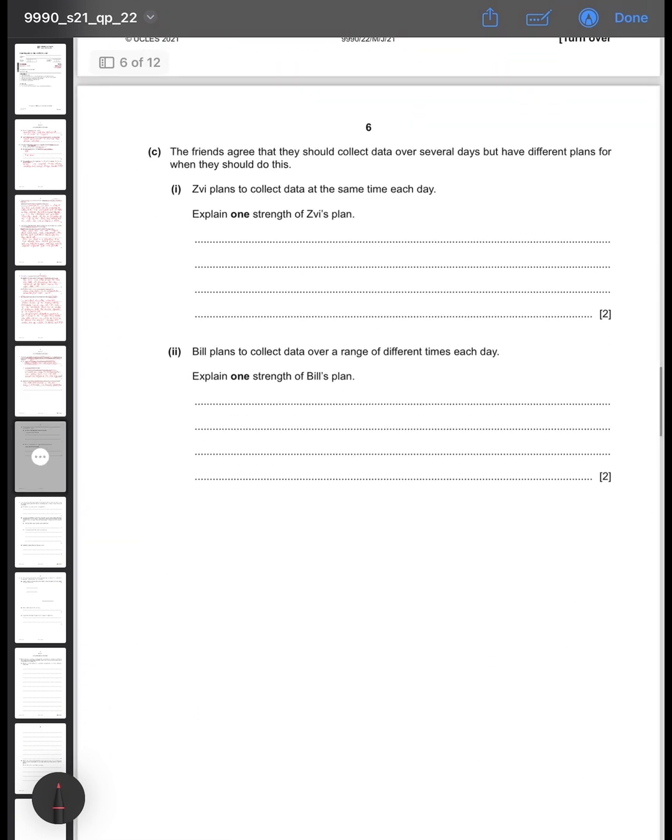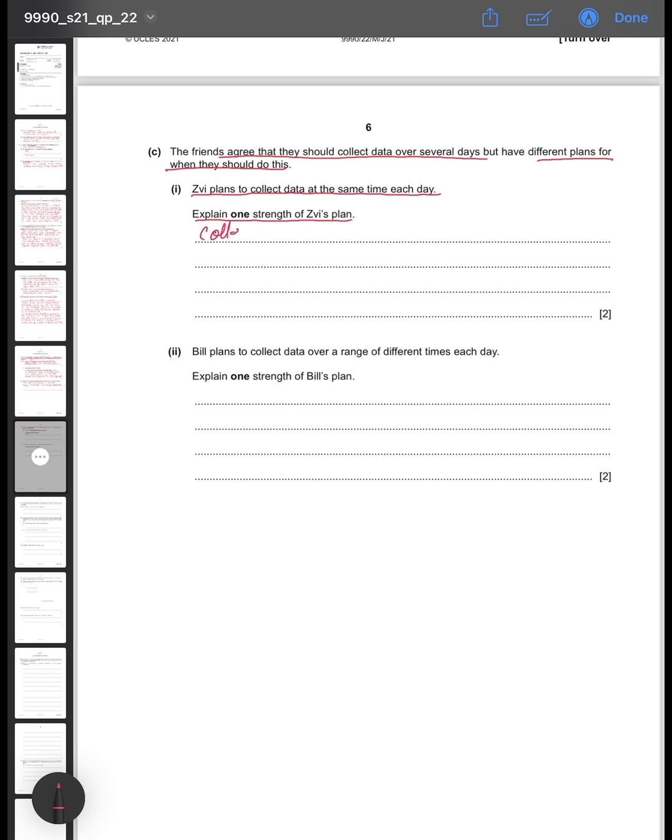Now part C says the friends agree that they should collect data over several days but have different plans for when they should do this. Zoe plans to collect data at the same time each day. Explain one strength of Zoe's plan. So why will it be helpful for Zoe to collect the data at the same time each day?